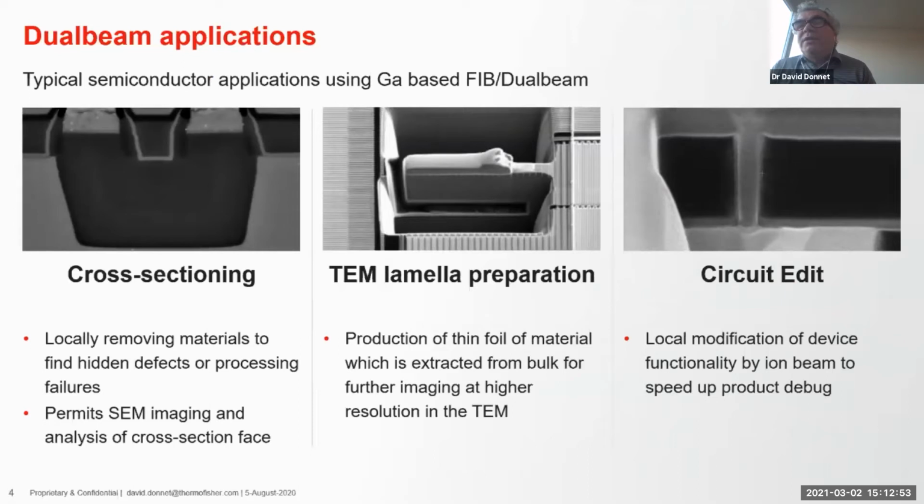And why is this important? Well, this can save companies thousands, sometimes millions of dollars by being able to modify a circuit locally and check the correction of the device before actually making new masks and putting it through the silicon fab for 6 to 8 weeks, only to find out that the correction was incorrect.